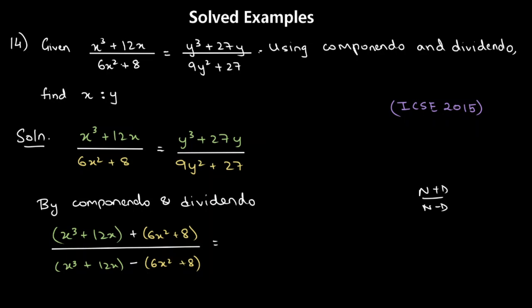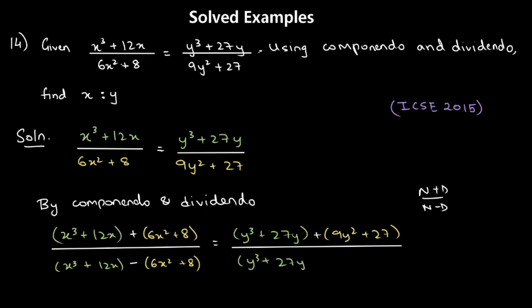Now it's the same thing for the right hand side as well. So we've got (y cubed plus 27y) plus (9y squared plus 27), that's numerator plus denominator, and then in the denominator I want n minus d, which is (y cubed plus 27y) minus (9y squared plus 27).